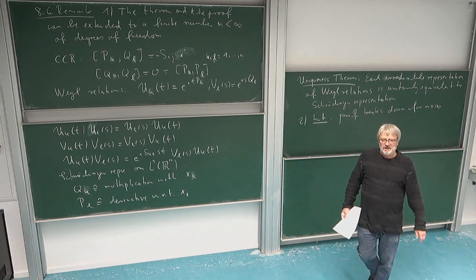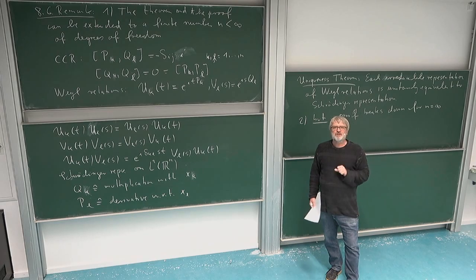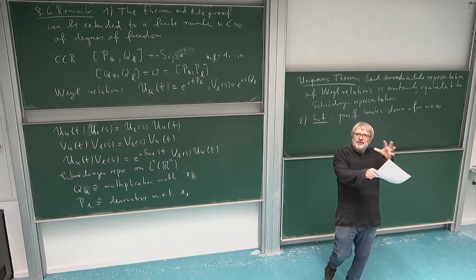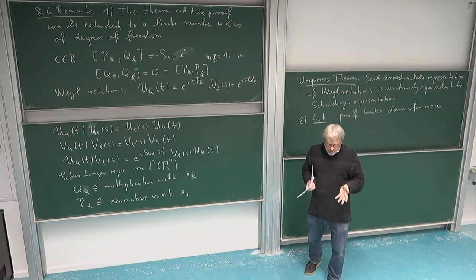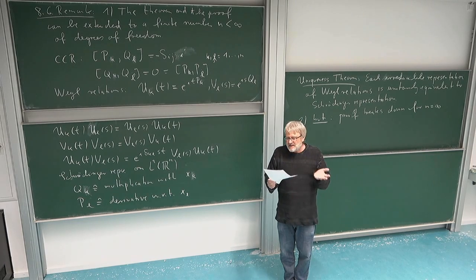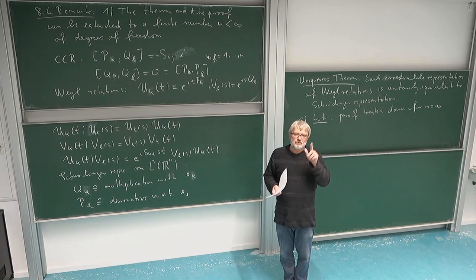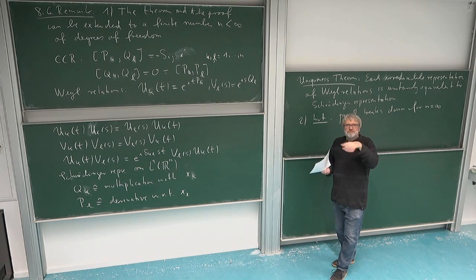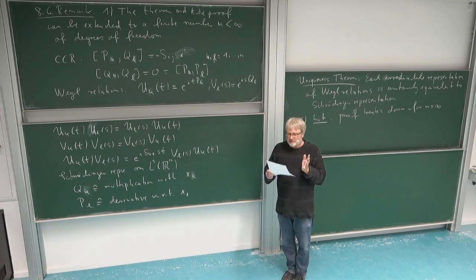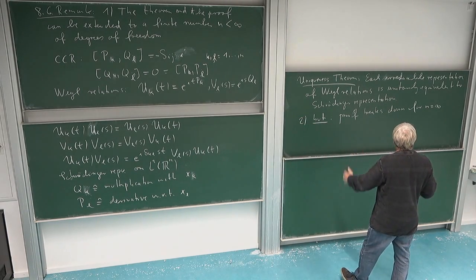So I mean, we took this kernel, this h, e to the minus 1 over 4 x squared plus y squared, and we used this kernel to integrate over our Weyl operators. But if you want to do this in infinite dimensions, this doesn't make sense anymore. You cannot make any sense out of this. In particular, this means there is no Gaussian measure on R to infinity. So e to the minus x squared gives you the Gaussian measure in R, and you have the corresponding Gaussian measure on R to the n. But on R to infinity, there is no analog of this. So this doesn't work, and you cannot use this.